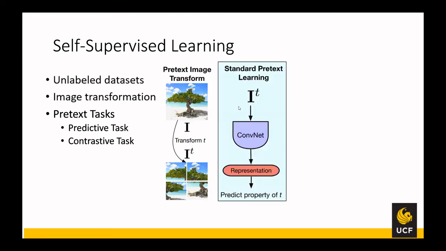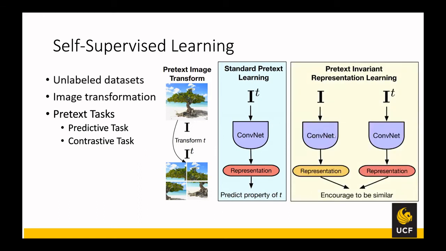So for a predictive task, a transformed image is passed through the network to create a representation. And the network learns to create representations that are useful to predict some property of the transformation T. In a contrastive task, the representations for two views of the same image are compared. So the network learns to create the same representation for both the original image and the transformed image.